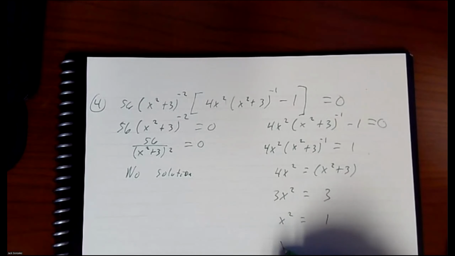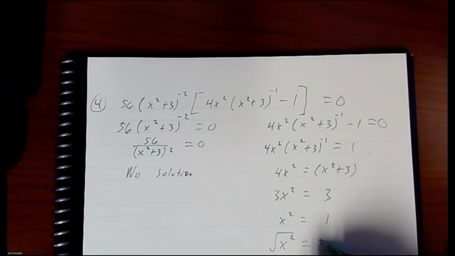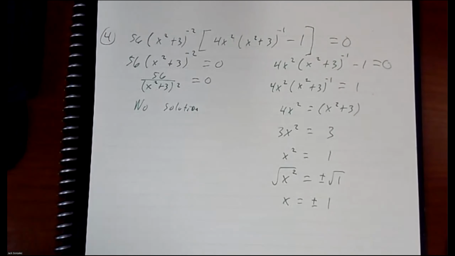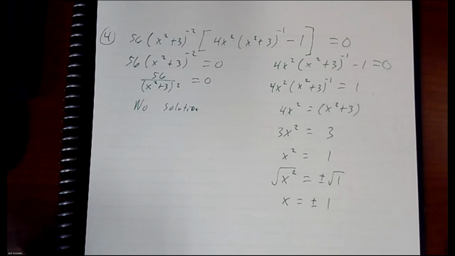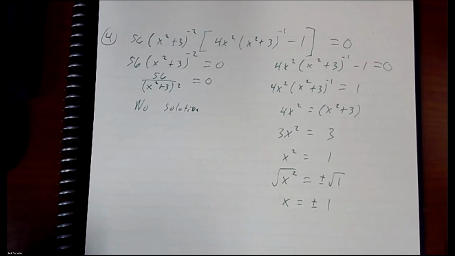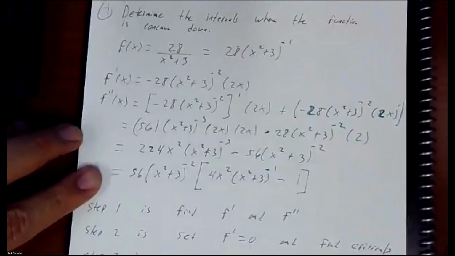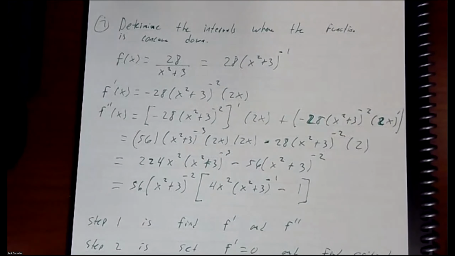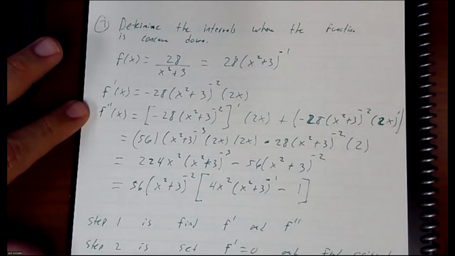Square root both sides, and we get plus or minus 1. So yeah, it works out. I'm thinking I made it harder here. I was being lazy. Well, it doesn't look lazy at all, right? It's actually more complex. I thought this would be simpler.